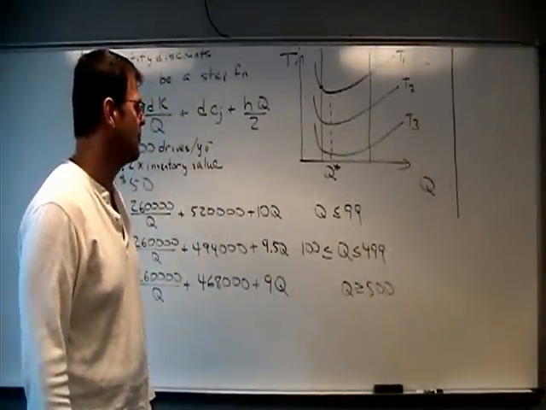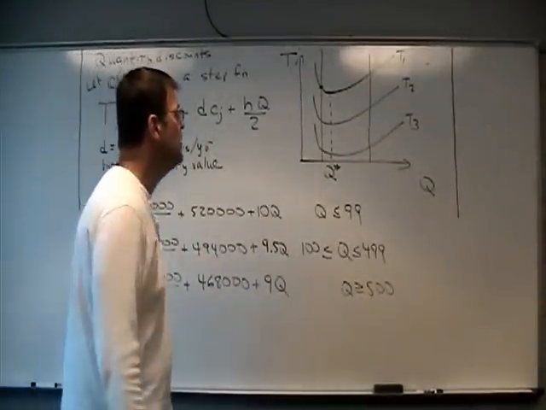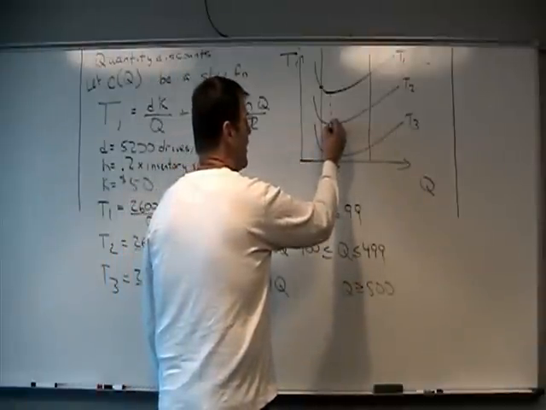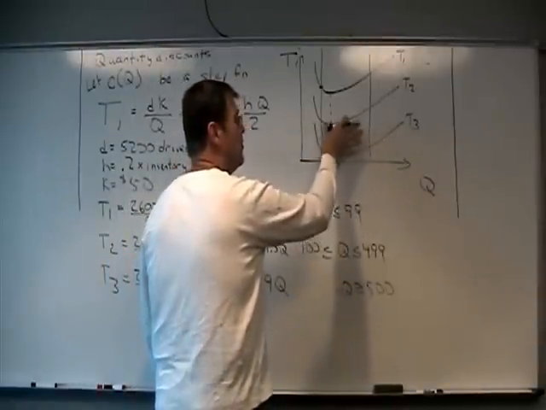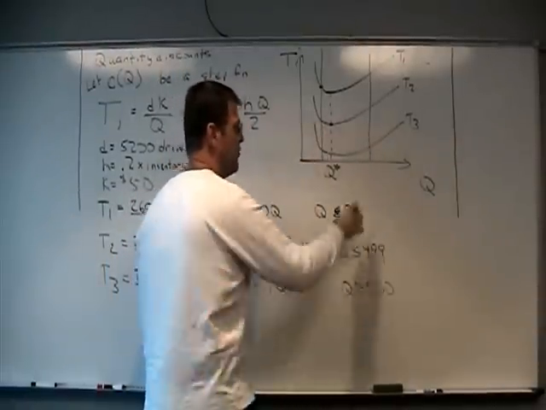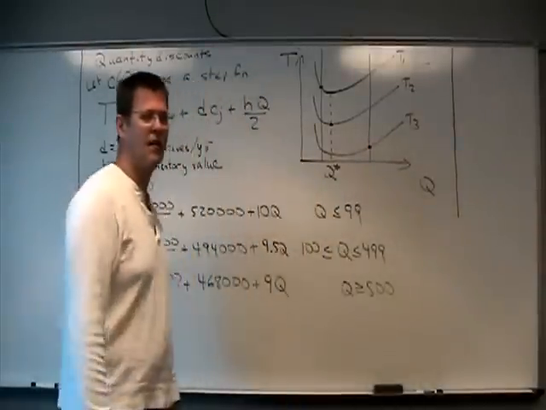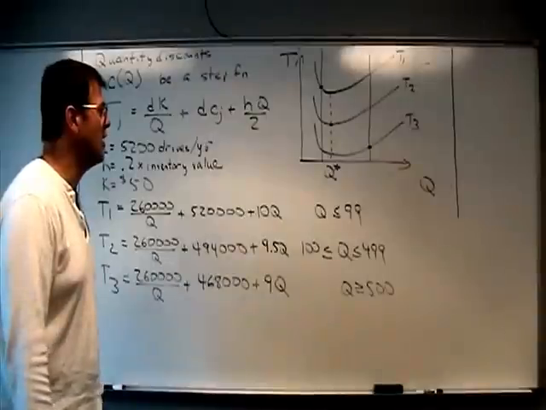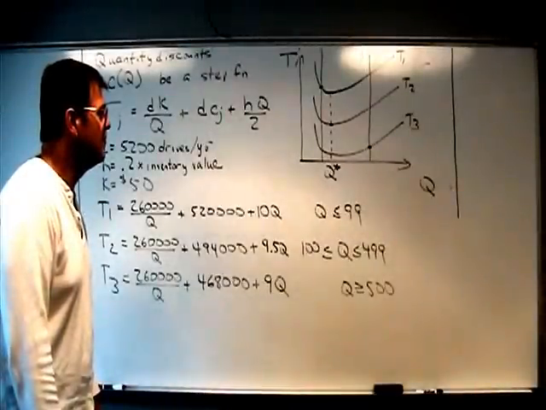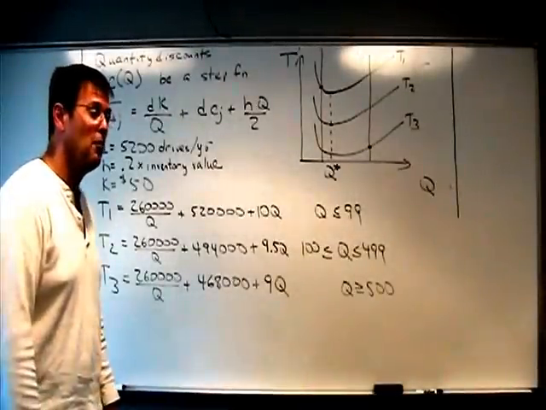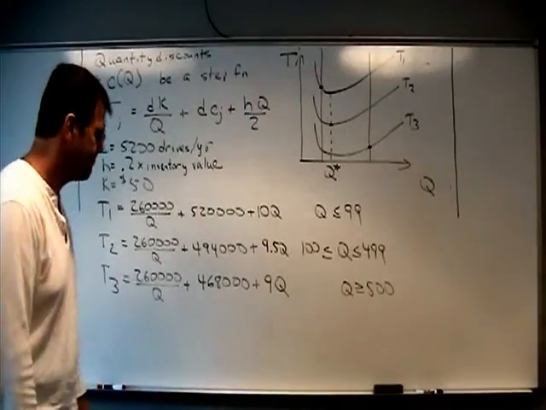That's where we'd find our optimal value. For T2, it would end up being right here, because that is the minimum within that range. And for T3, it would be at this borderline right there. So we're talking about finding, in some cases, the global min, and in other cases, the local min.